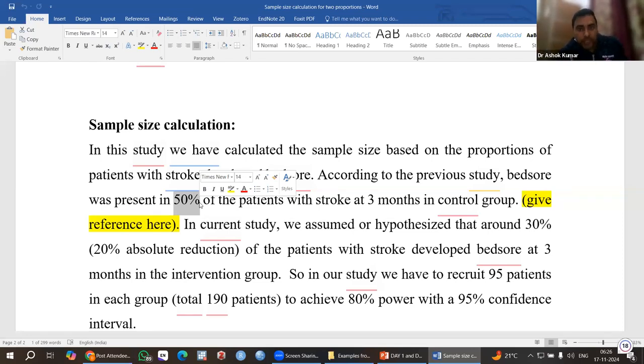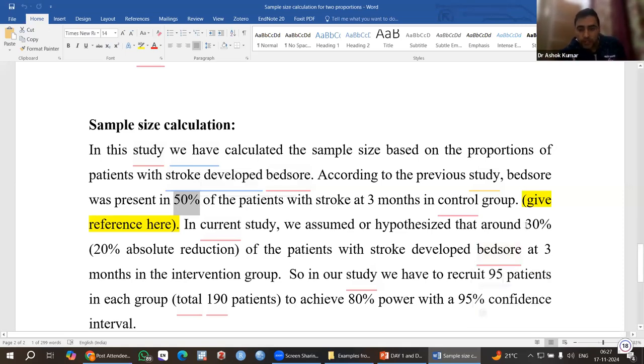Here bed sore is a negative thing, so we want a decrement. So you have to think about what your primary outcome is, and whether it is negative or positive. For a negative outcome, we want a decrement or reduction. For a positive outcome, in the intervention group we always want an increment or improvement.